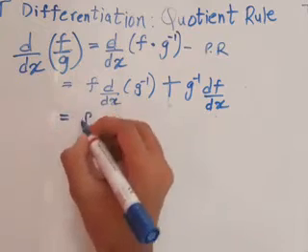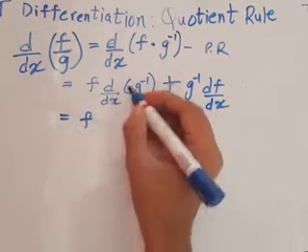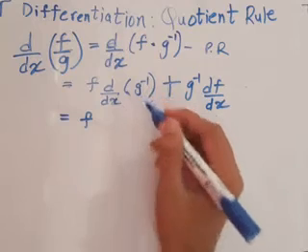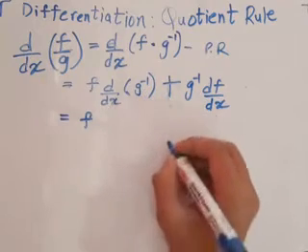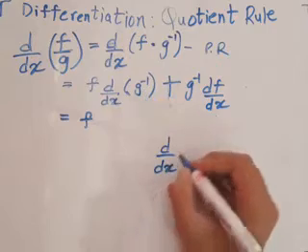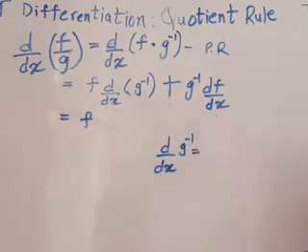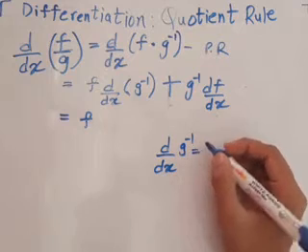So this I can rewrite as f, and now we'll be using the chain rule of differentiation to evaluate this particular part. Basically, the derivative of g to the power minus 1, we can first treat it as a normal polynomial.